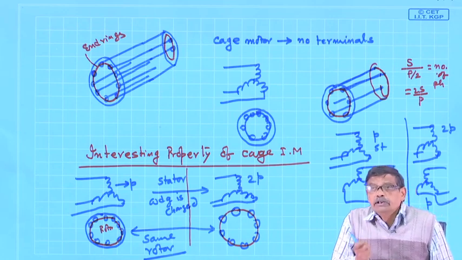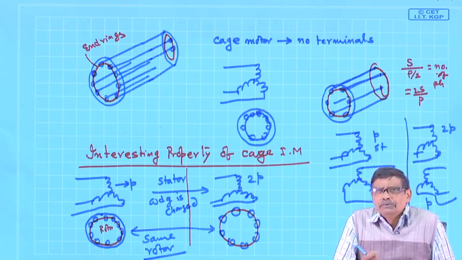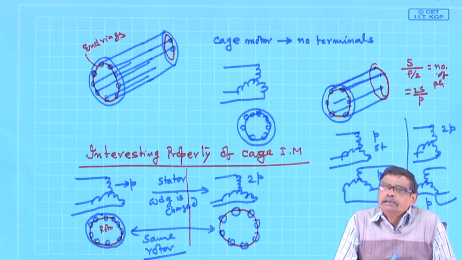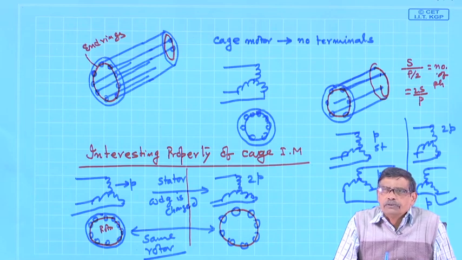Therefore, it is the synchronous speed which is going to decide the speed at which the induction motor is going to run.